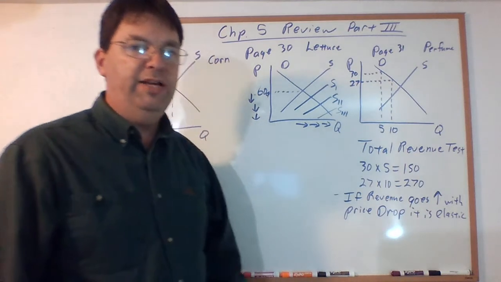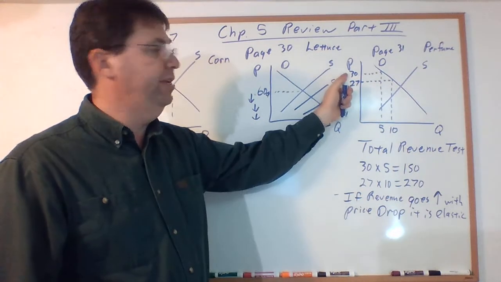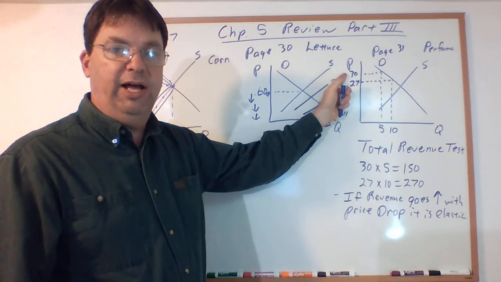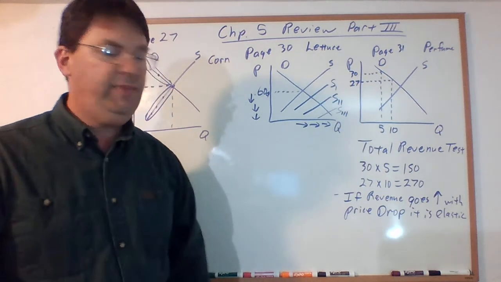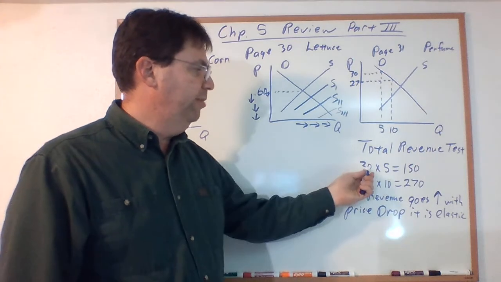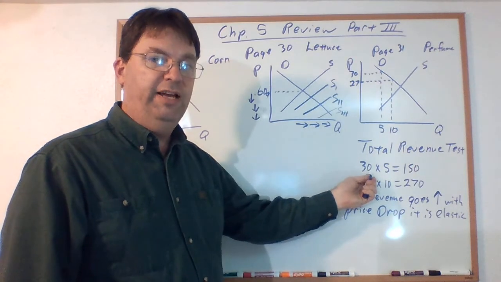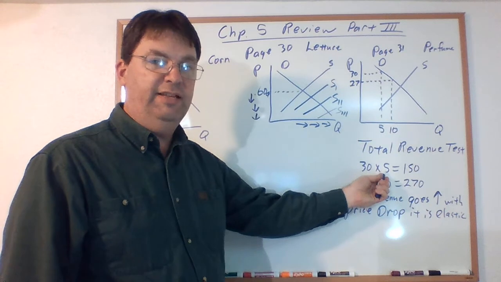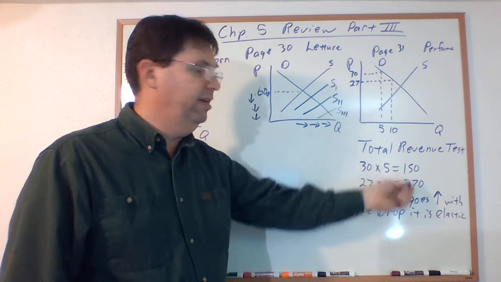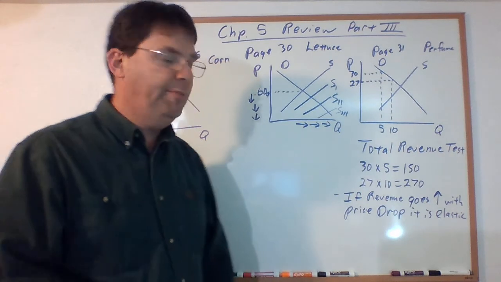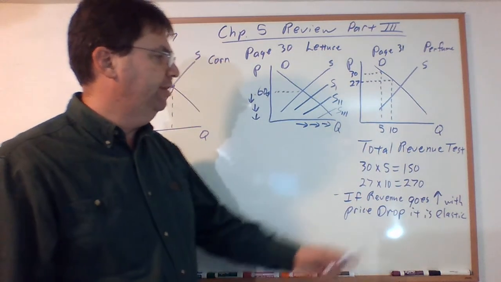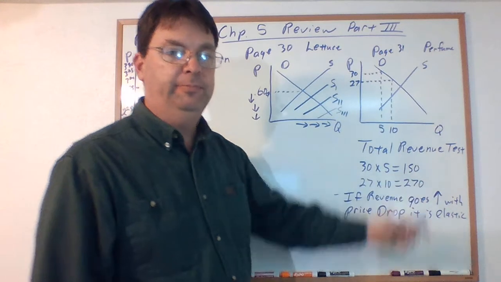So if I price my perfume at $30 a bottle, I'm going to only sell 5 of them. And what happens is I multiply 30, my price, times the number of bottles I sell, that's 5, and that's going to be 150. All right? Okay. So you're going to make $150.